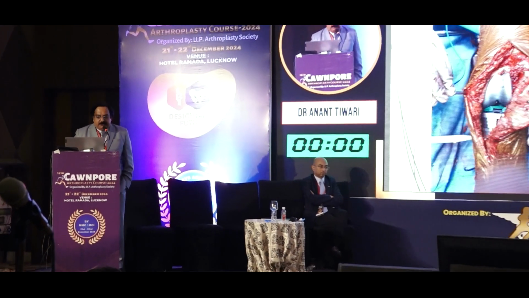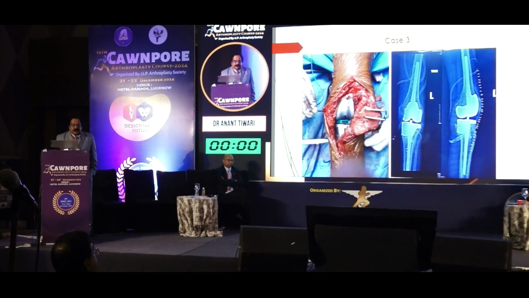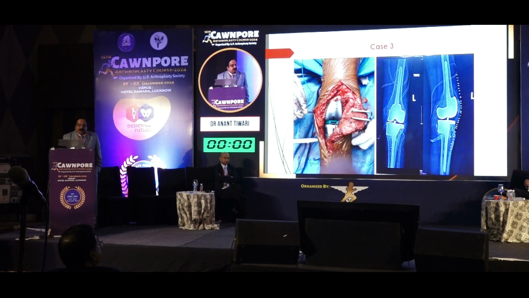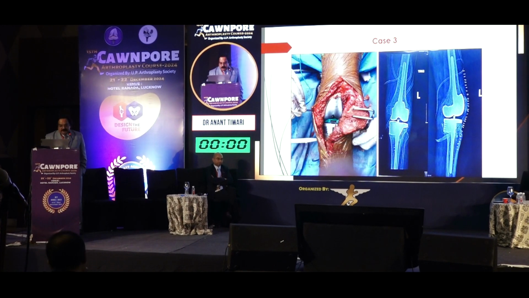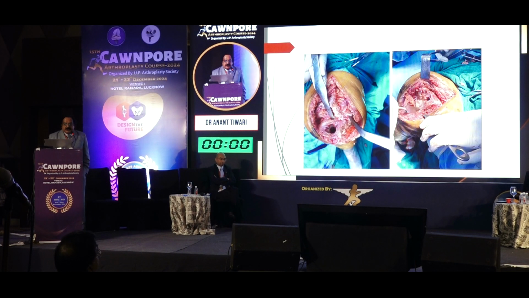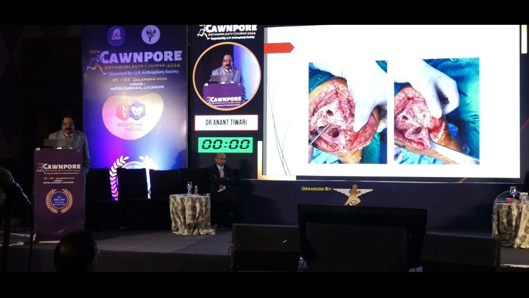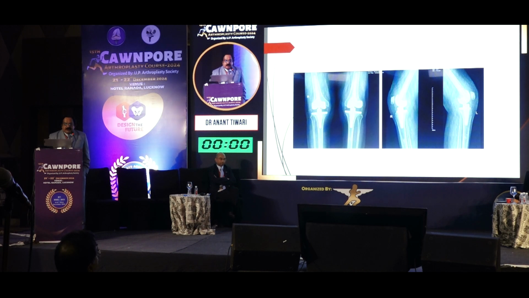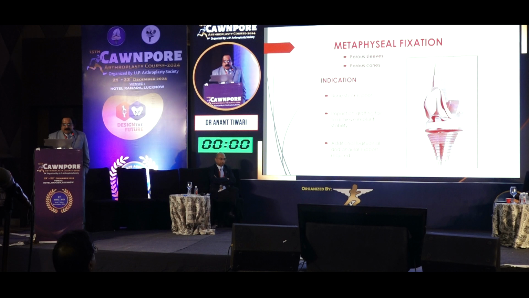This augment should not be used for more than 15 millimeter defects, but we have used this augment for 25 millimeter, and then stabilized it with this. Another case, revision case in bilateral infected revision, and stabilized with absolutely fantastic joint line. Metaphyseal fixation, sleeve and cones has already been told and demonstrated by others.